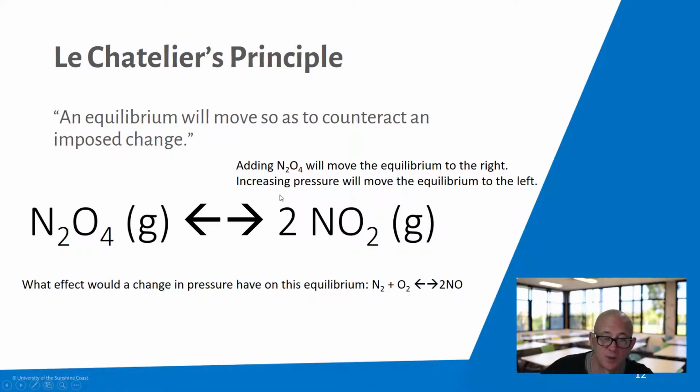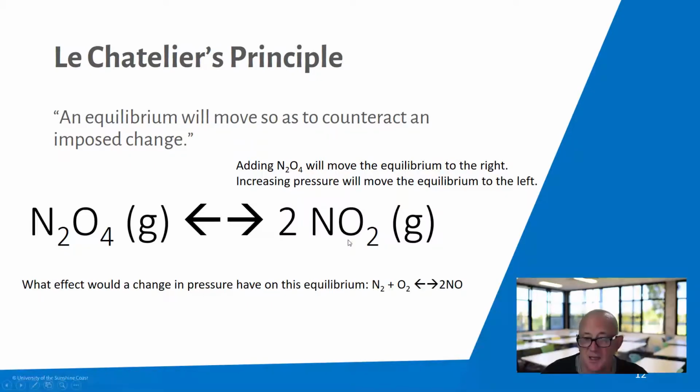Another one would be increasing pressure. Before we do this, just so you realise, the more molecules you have, the more pressure that gas will have. So if you increase the pressure on this system, the equilibrium will move to try to decrease the pressure. The way it can do that is by decreasing the number of molecules. How would it do that?